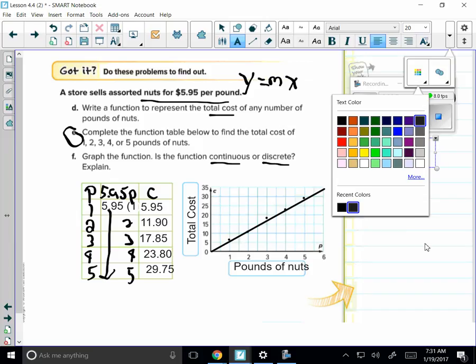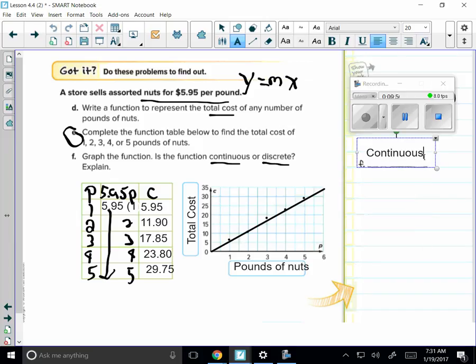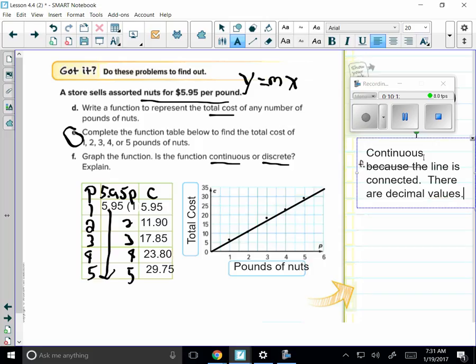Continuous, because the line is connected. And we know this because there are decimal values. Remember, a continuous line is connected with decimal values, decimal fraction, whichever one.